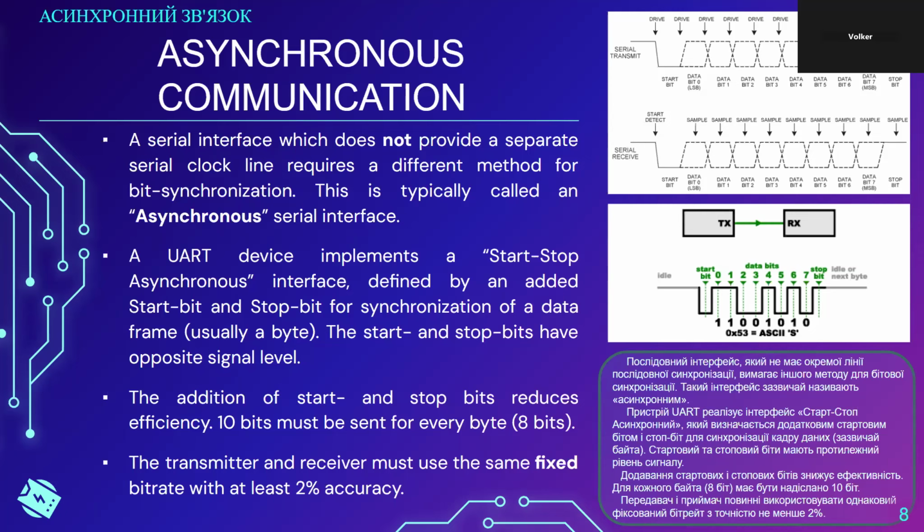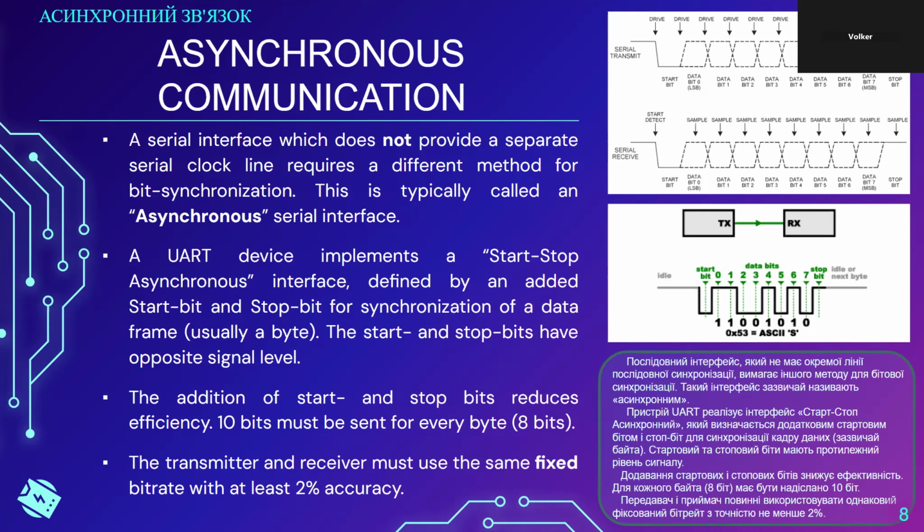Anybody who has used a terminal program or a USB to serial converter in a hobby project has probably seen these numbers. And on the lower end, it started with 300 bits per second. The next common one was 1200 bits per second, 2400 bits per second. That's where it all came from. There's a little bit of history in there.